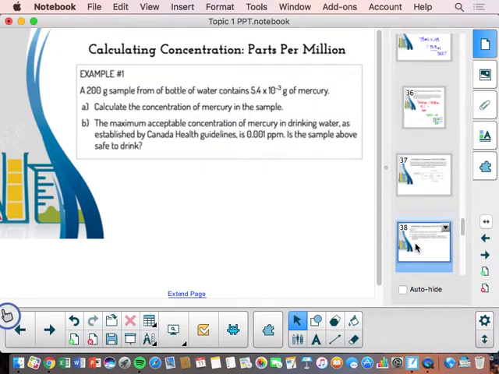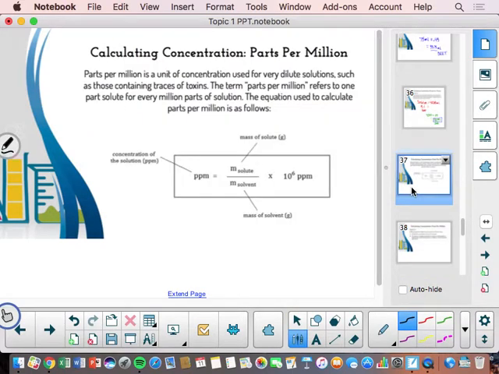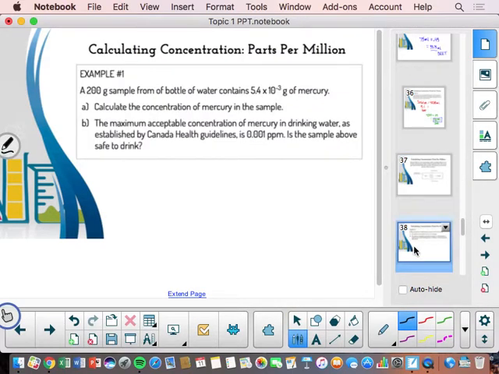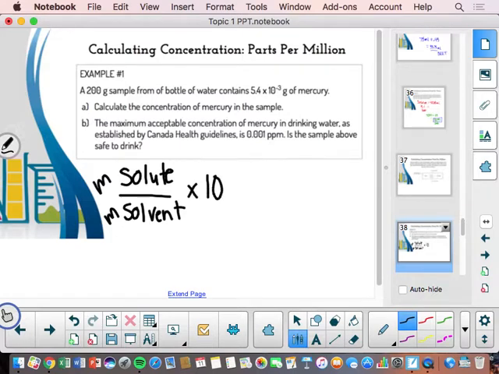Before I do this question, I'd just like to go back and check solute over solvent, to make sure I have my formula, because I always forget. And then you're going to times it by 10 to the 6, because that's times a million, basically.